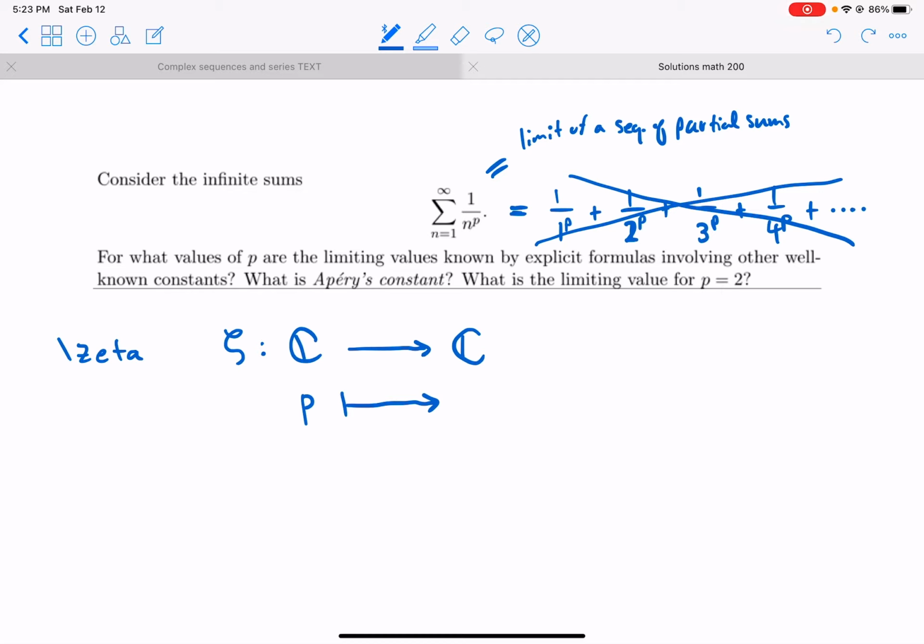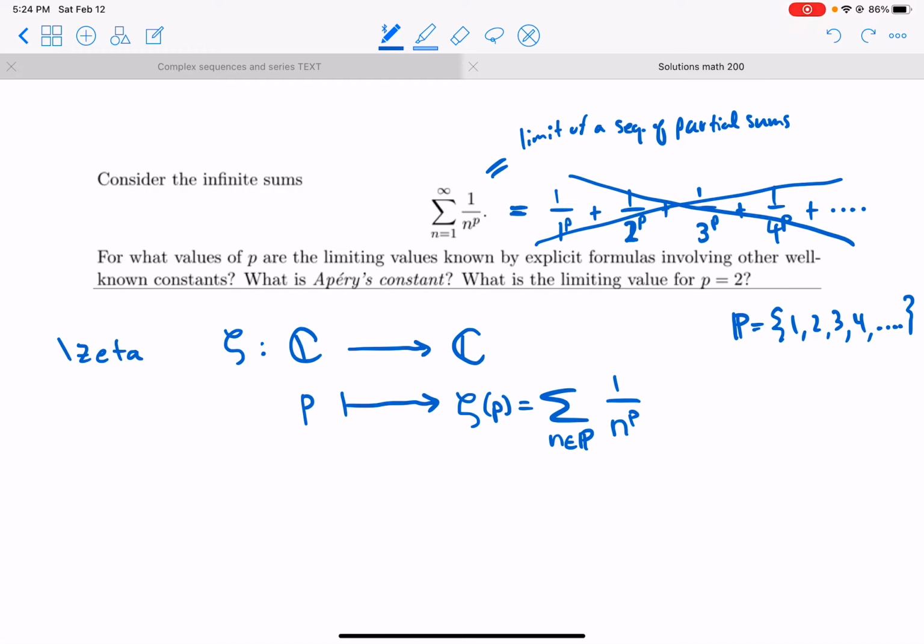Well, zeta of p is this sum, where the sum is taken over the n's. P is fixed. When we choose the input p, it's fixed, and what varies is this little n. Remember, the positive numbers, this is my notation for that, just because we can't plug in 0 to the p. Anyway, it starts at 1.